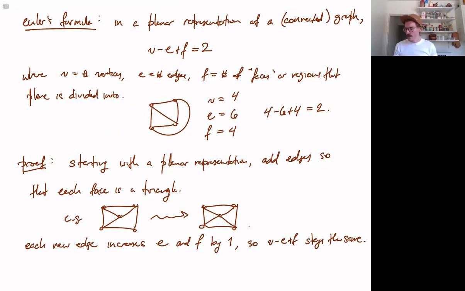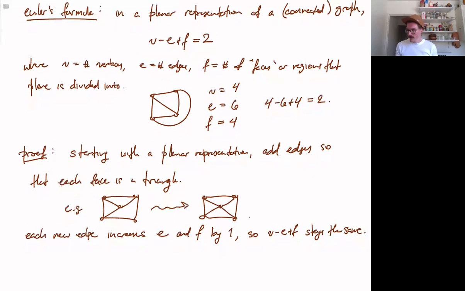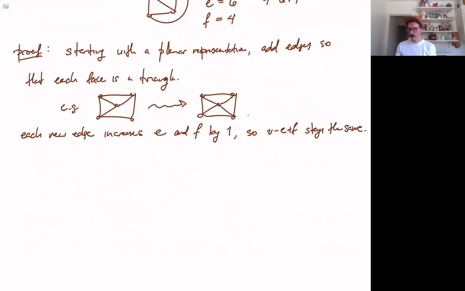So the idea is that we don't know this formula yet, but we're going to keep doing these operations that don't change the left-hand side until we can simplify it to something where it's clearly equal to 2. So the first step is to divide all the faces into triangles.